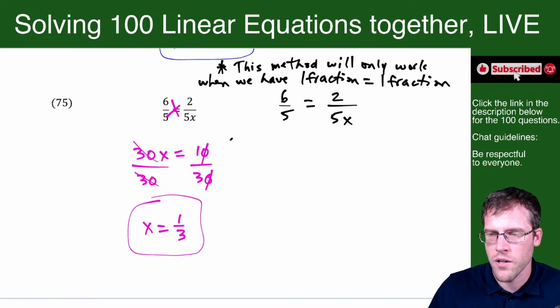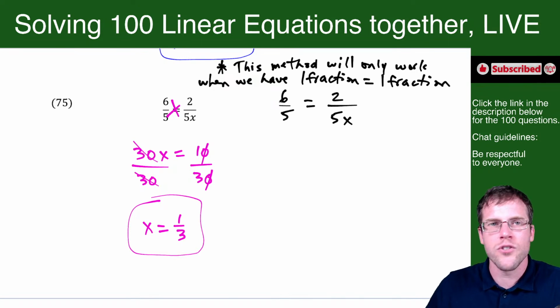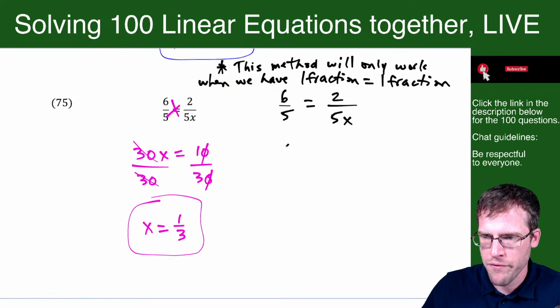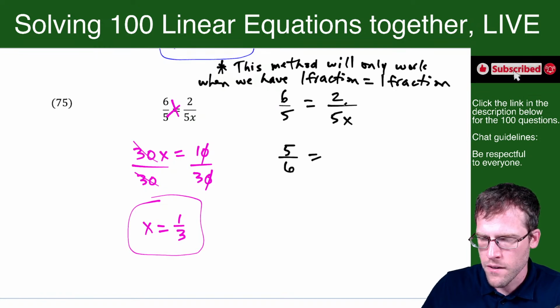And what the method is, you're allowed to flip both sides. So if I flip both sides, I'm going to have 5 over 6 equals 5x over 2.